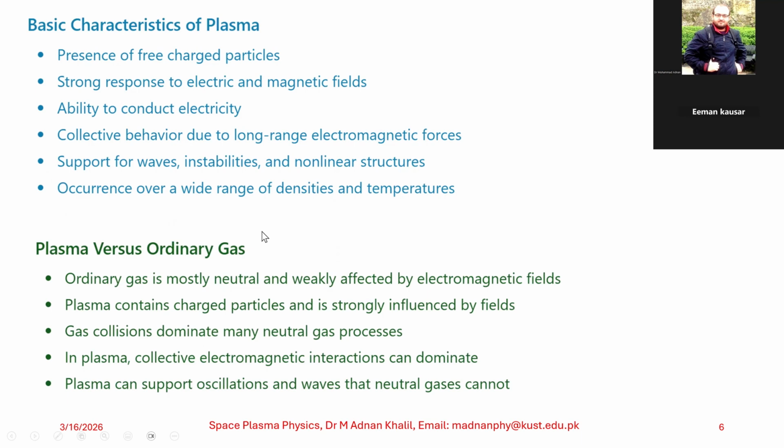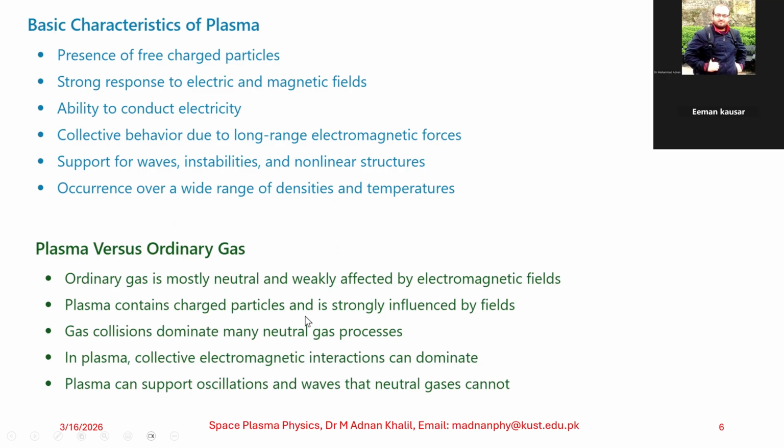Now, if we compare plasma with an ordinary gas, ordinary gas is mostly neutral and weakly affected by electromagnetic interaction, because gaseous matter is mostly neutral and interacts through collisions rather than electromagnetic fields.